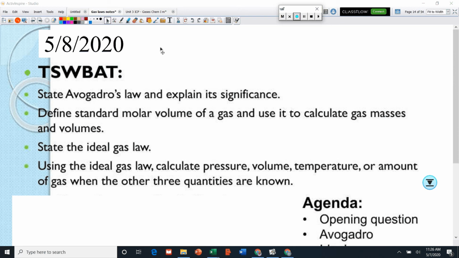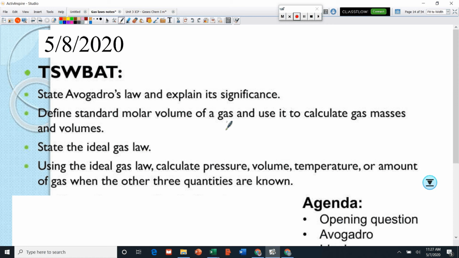For us, the number of moles is actually going to be related to our mass. Remember, we can convert from moles to mass. And so when we talk about molar volume and calculate its mass and things like that, we're going to talk about how much volume 1 mole of a gas occupies.